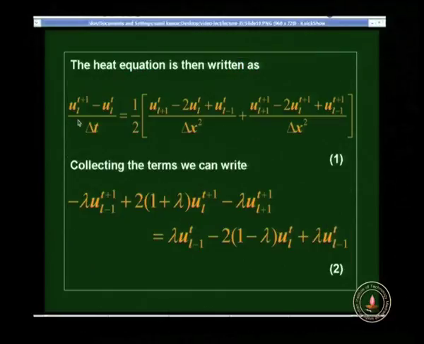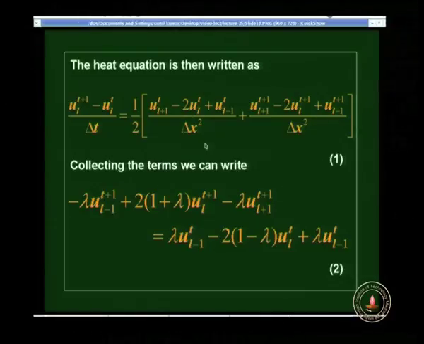So then we would write the equation now in this form: u L at t plus 1 minus u L at t by delta t. So this is our del u by del t. Now the del square u by del x square is written as the mean of the second derivative evaluated at time t and at time t plus 1.